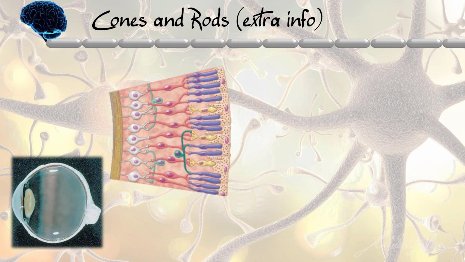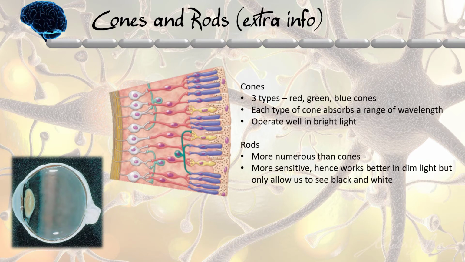Some extra information. For cones, there are three types: red, green, and blue. But the name is very misleading, because it is not like they only absorb red, blue, and green.